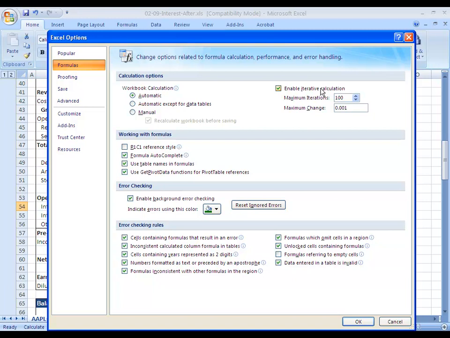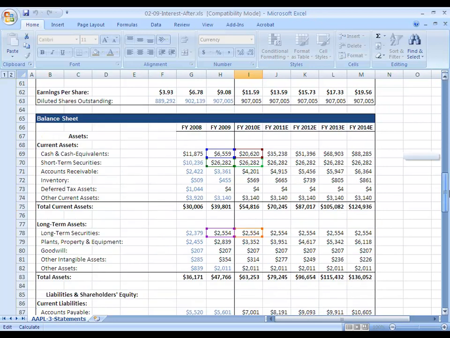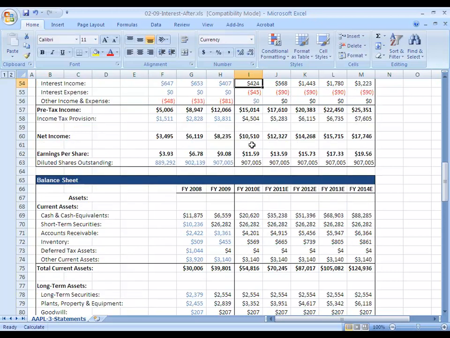If you look at these formulas, the interest income formula is circular because it depends on the beginning and ending cash balances. The ending cash balance depends on what the interest income was, because if the company earned more from its interest, then it's going to have more cash at the end. If it earned less on its cash, then it's going to have less of a cash balance at the end. So these calculations are inherently circular.